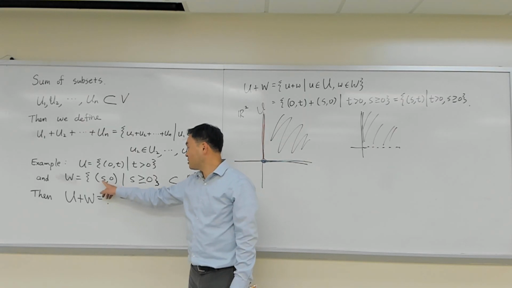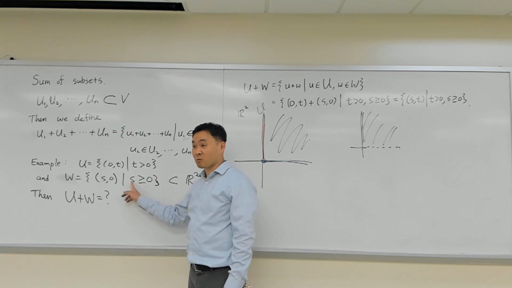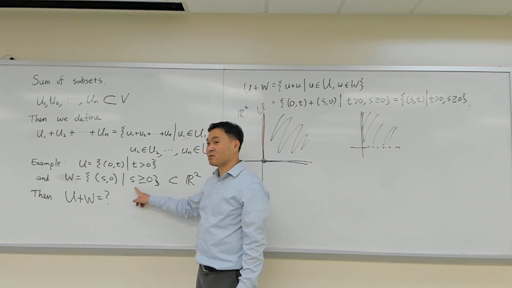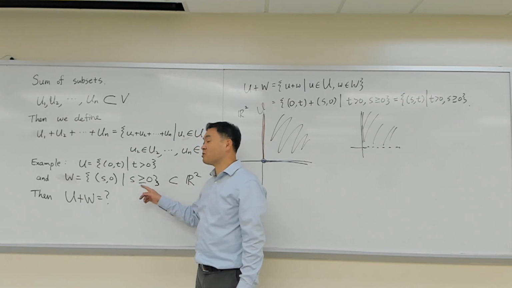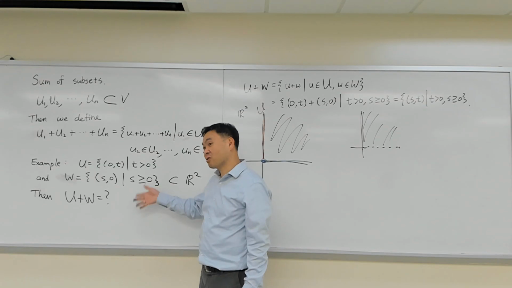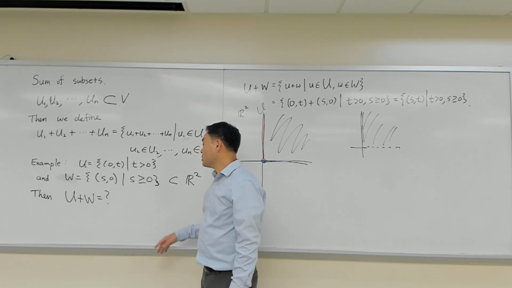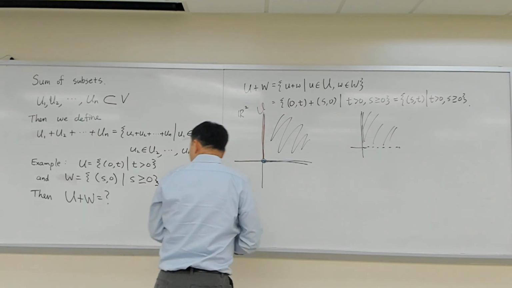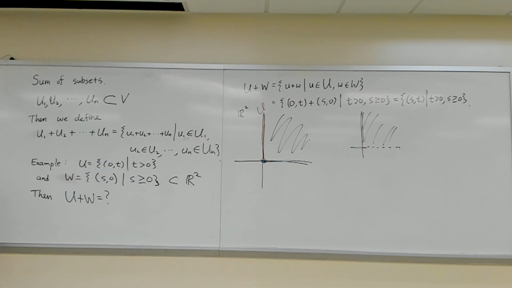In that case, this condition no longer works, right? So W is a subset of R2 for which, of the three conditions for being a subspace, A and B are true, but the third one is not true, okay? So both are not subspaces, okay? All right, so that's the concept.